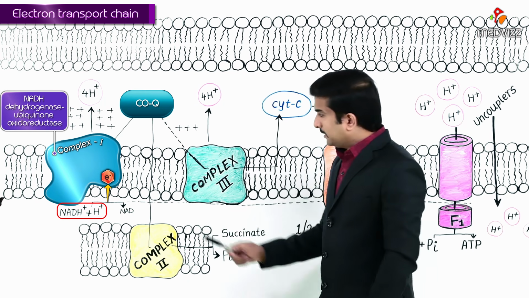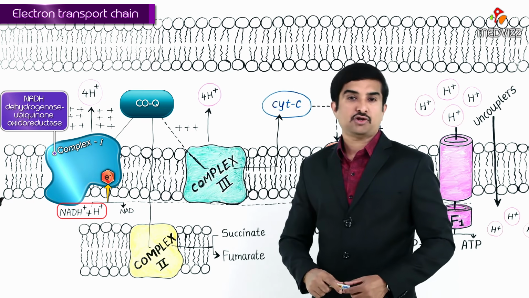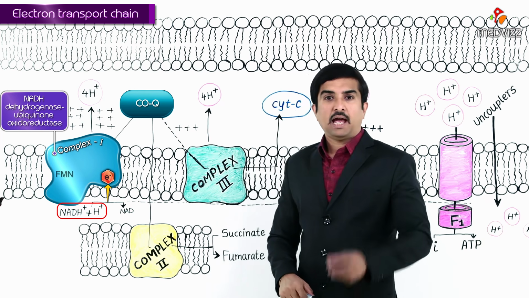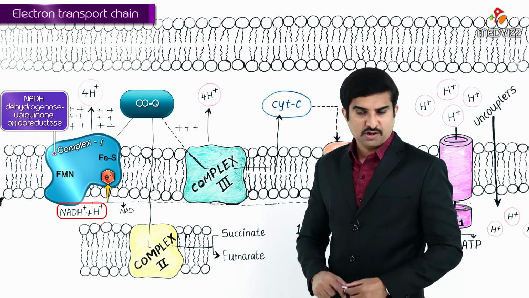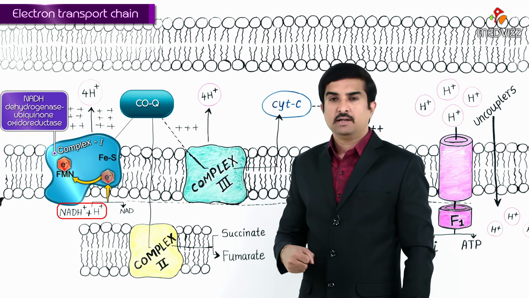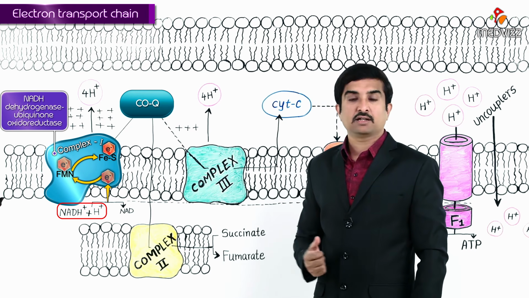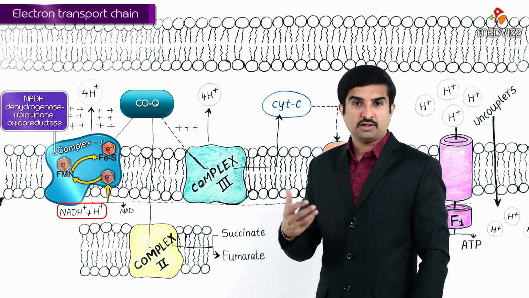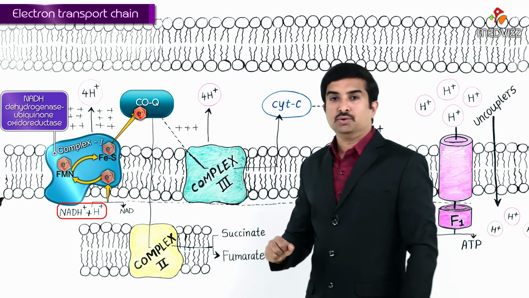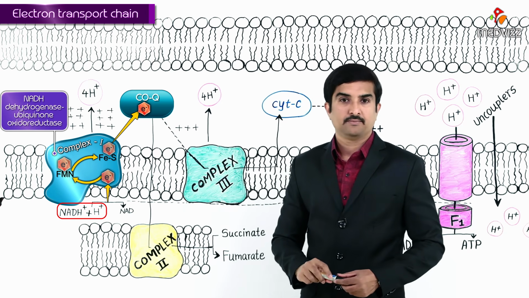And here this complex 1 receives electrons from NADH, and in complex 1 we have FMN as well as FeS, which means the electrons are first taken up by FMN, later the electrons are transferred to FeS, which is called the iron sulfur complex or iron sulfur protein, and from there the electrons are carried to coenzyme Q. That's the reason we are calling it NADH coenzyme Q reductase.